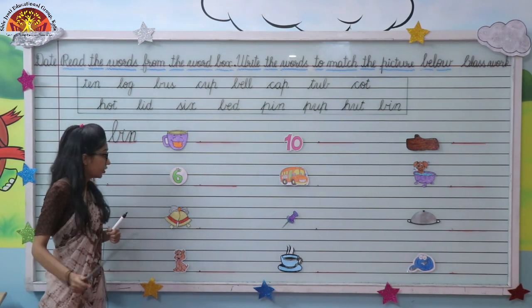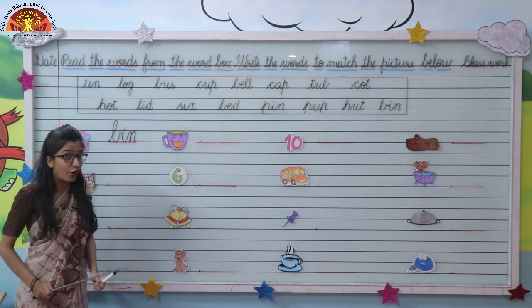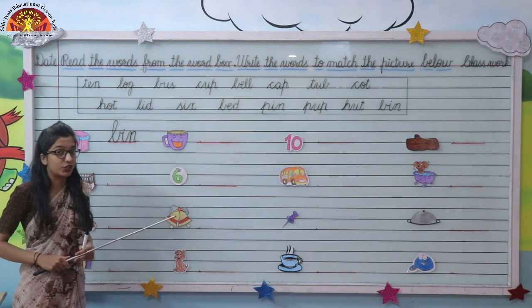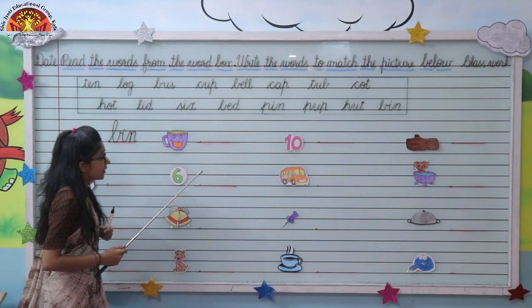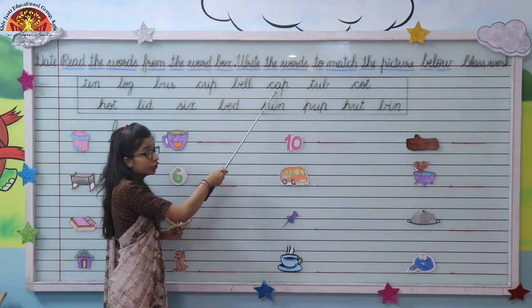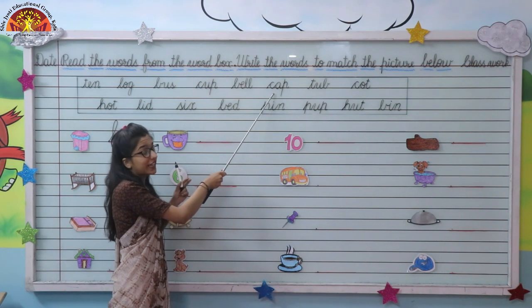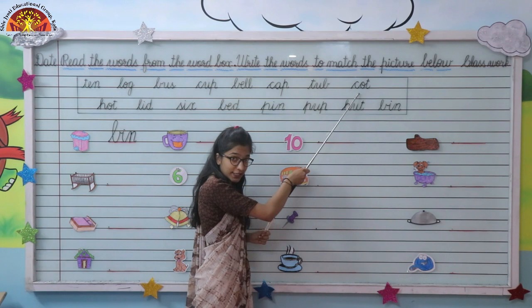Now come to next picture. Tell me which picture is this? This is a picture of cot. Let's see where is the spelling of cot written kids. This one is a spelling of cot? C-A-P. No, this is a spelling of cap. So tell me, this one is a spelling of cot?